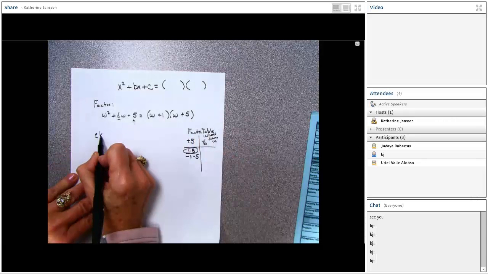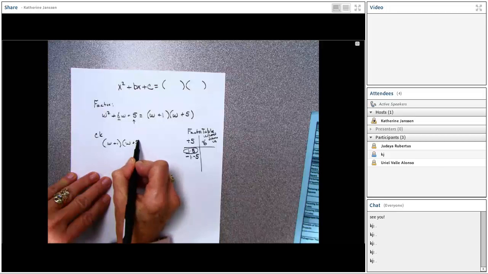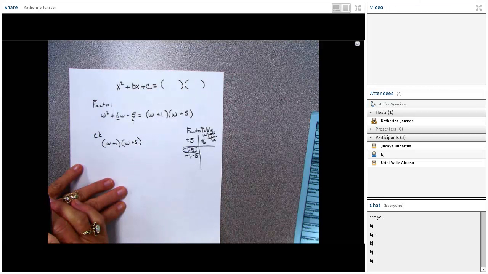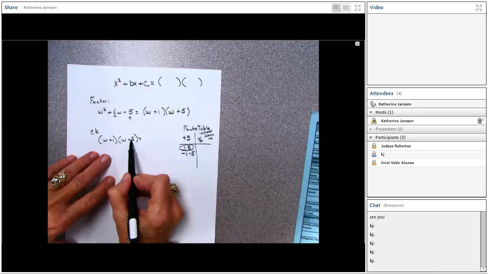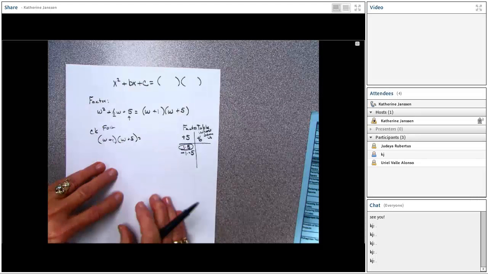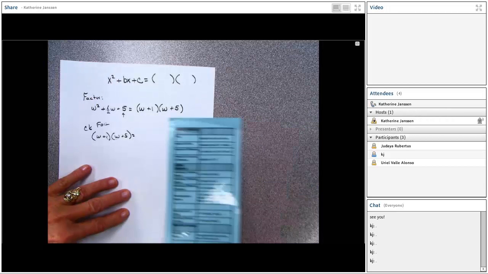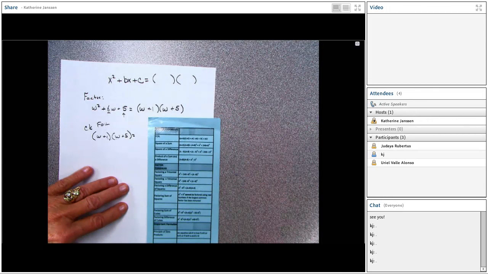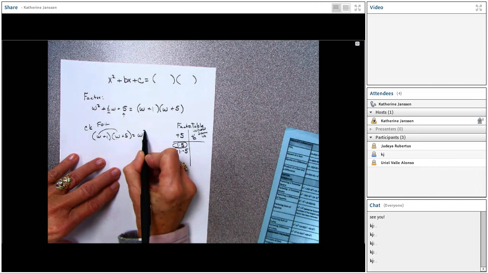And check. W plus 1 times w plus 5. The first two terms are the same, but the last two terms are different, so I'll have to use FOIL. FOIL from my blue card tells you how to distribute. And we arrive with the first terms will be w squared.